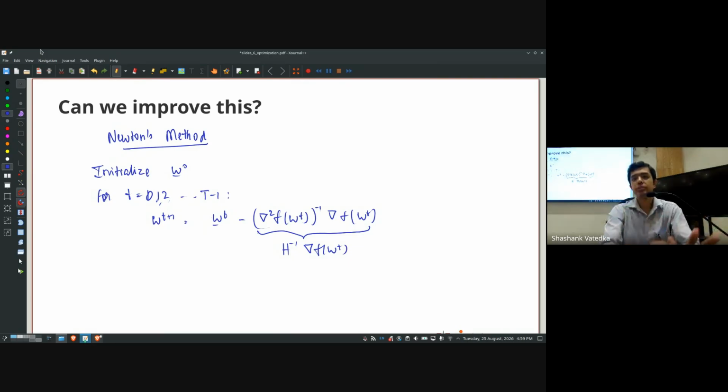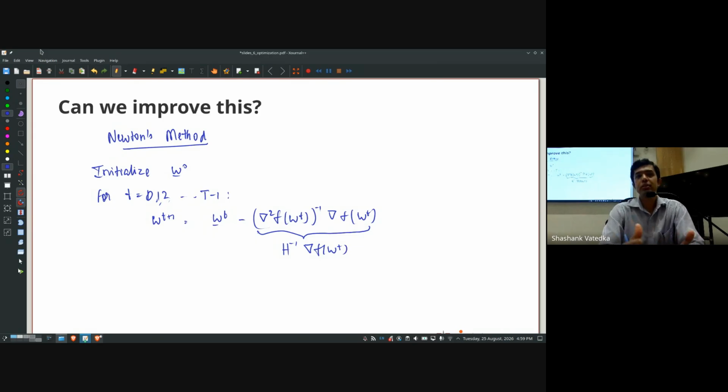Okay, so we have this Newton's method, which seems to perform very well. It converges much faster than stochastic gradient descent or gradient descent. Why not just use Newton's method in practice? The biggest problem with Newton's method is, first you have to compute the Hessian. So you need to compute the second order derivatives, which has an added complexity in itself.